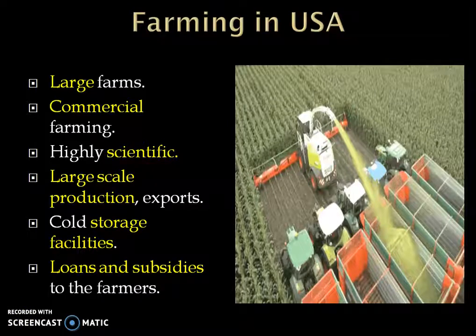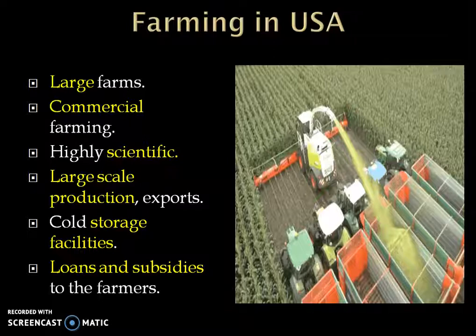Next, large scale production and exports. There is large surplus which they export to other countries. Surplus means their home needs are fulfilled and then also a big amount of food grains is left out which they export outside their country.